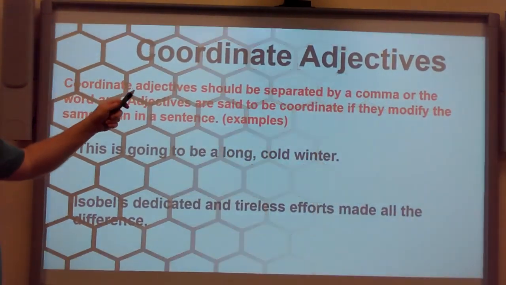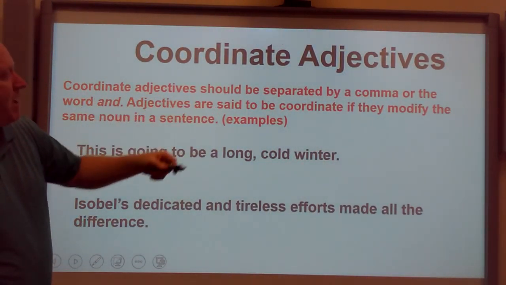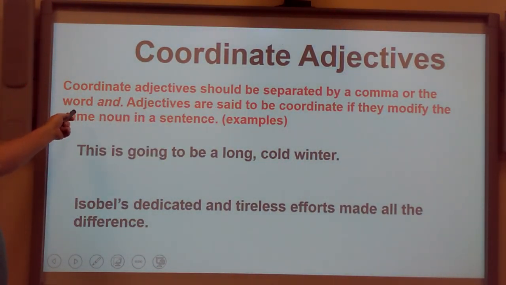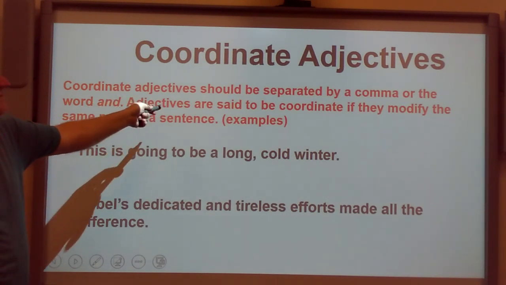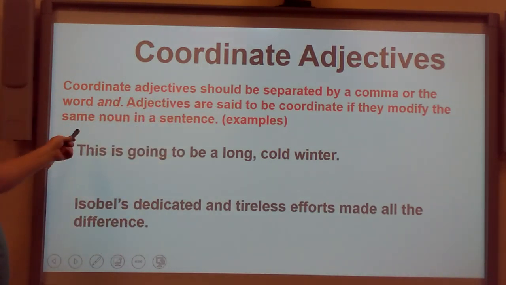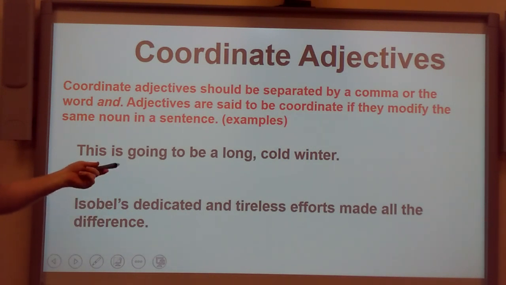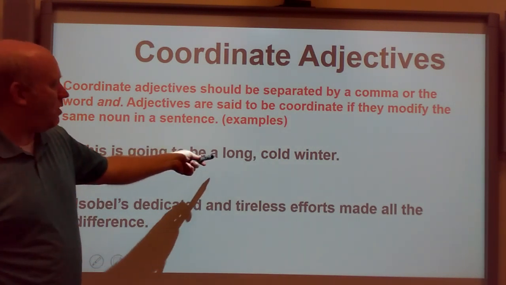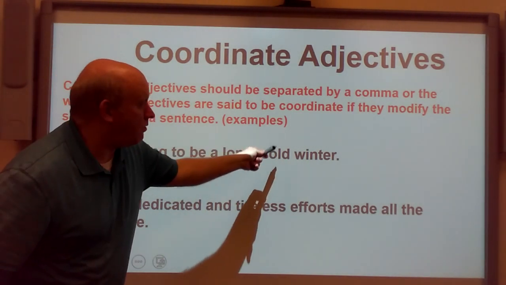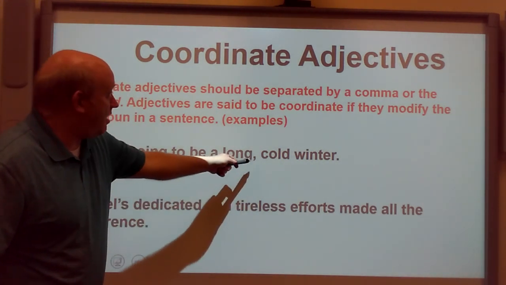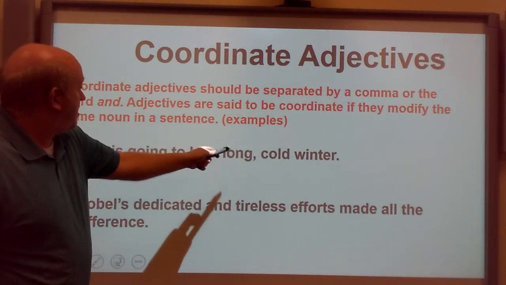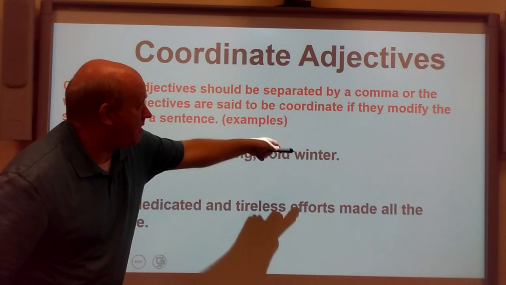Okay. Coordinate adjectives should be separated by a comma or the word and. Adjectives are said to be coordinate if they modify the same noun in a sentence. For example, this is going to be a long, cold winter. Use a comma here. A long and cold.